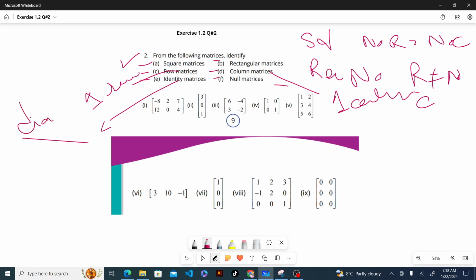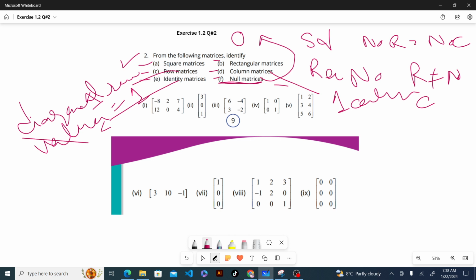Okay, the diagonal values will be 1 in identity matrices. And in null matrices, it is obvious from the name, it will be null, meaning no values. So all the elements of a null matrix will be zero. All the elements will be zero. Okay. No matter how many elements are there in that matrix, they all need to be equal to zero. Okay.